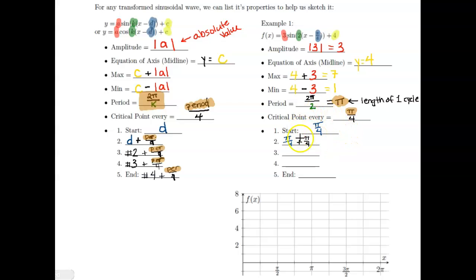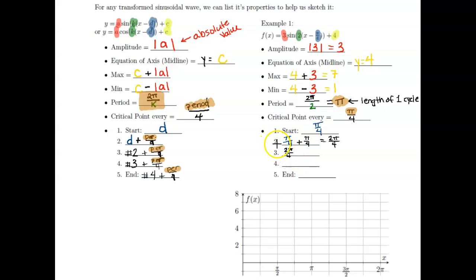Okay, so pi over 4 plus pi over 4 gives me 2 pi over 4. Now, I will reduce that later, but I do want to keep this together just as 2 pi over 4 and not reduce it yet, because I'm now going to take that very value, this 2 pi over 4, and that's going to go right here, because I now have to find my third critical point.